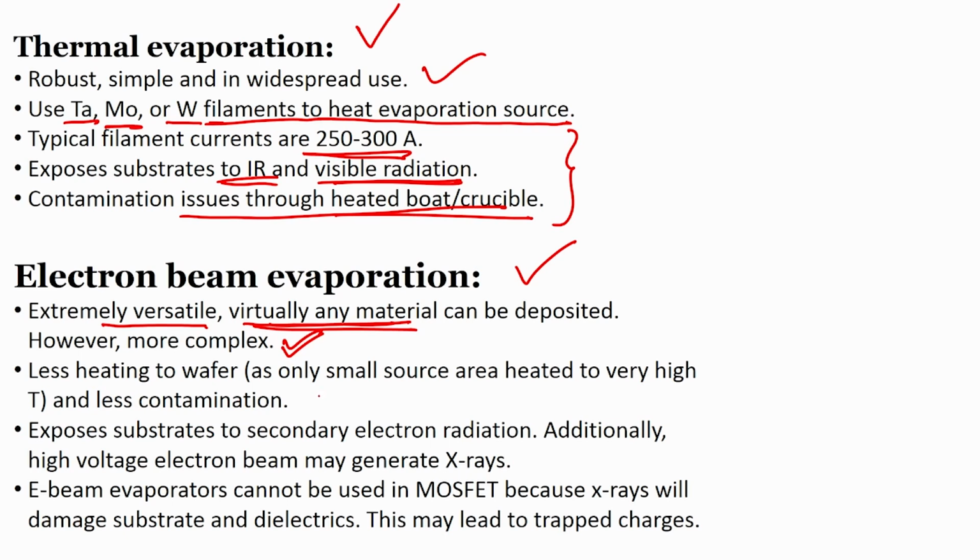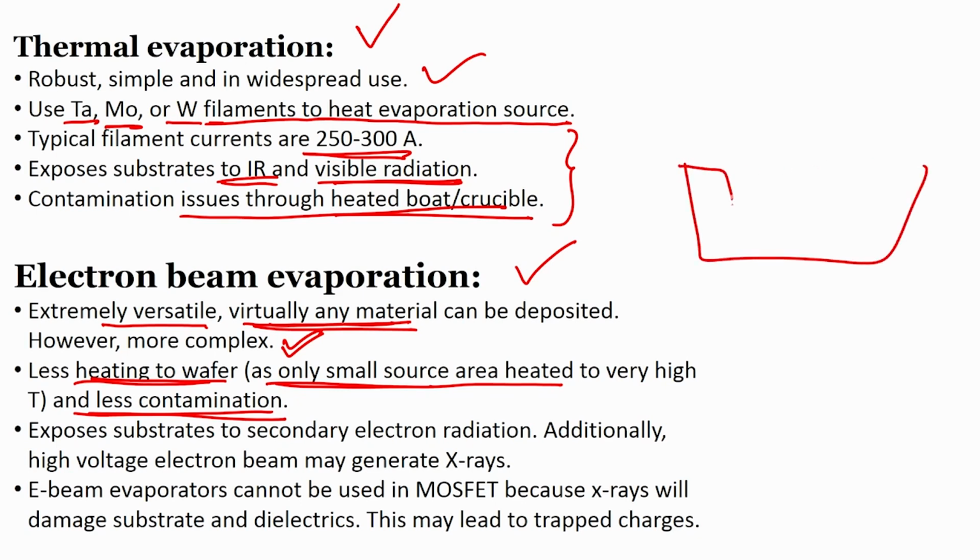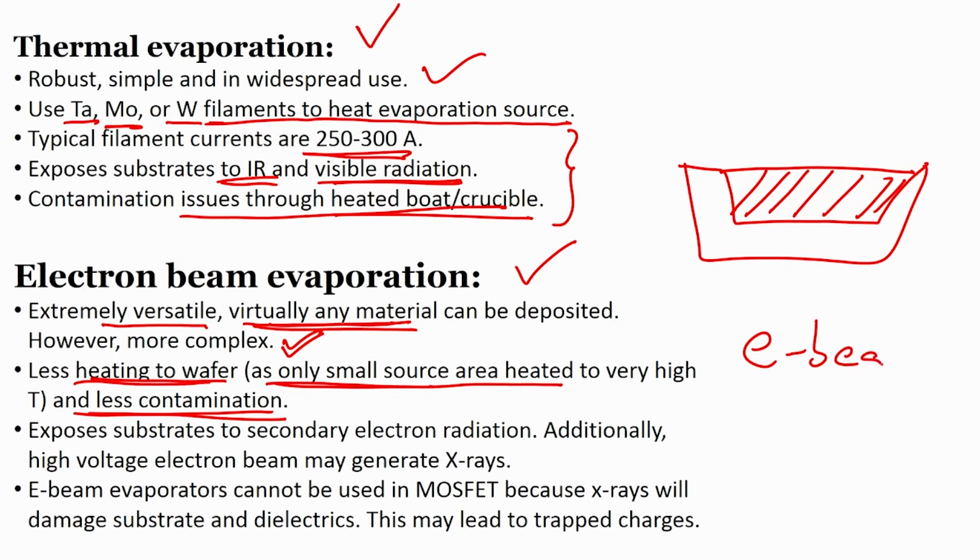You have to be properly trained to use an e-beam evaporator. There is less heating to the wafer, as only a small source area is heated to a very high temperature, and less contamination. In a crucible, you have loaded the material to be deposited. This is the case of e-beam.